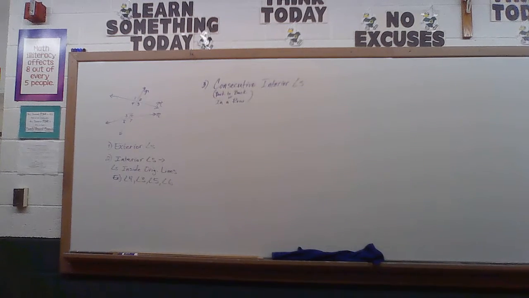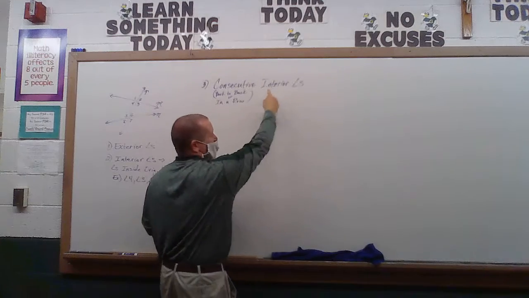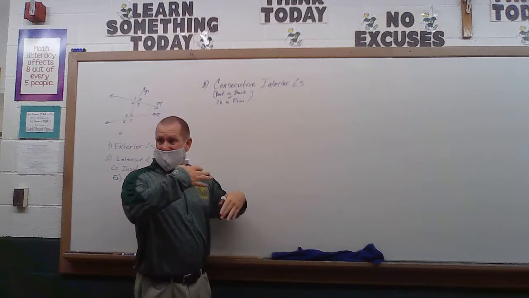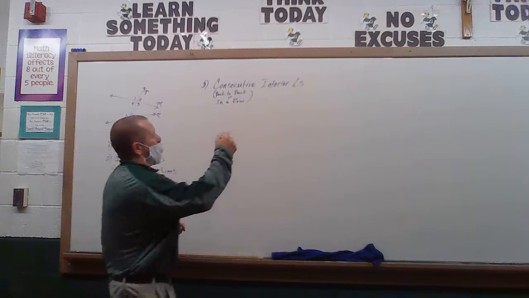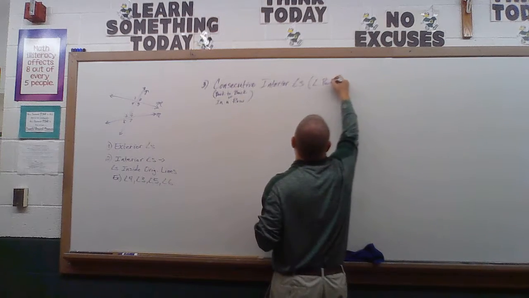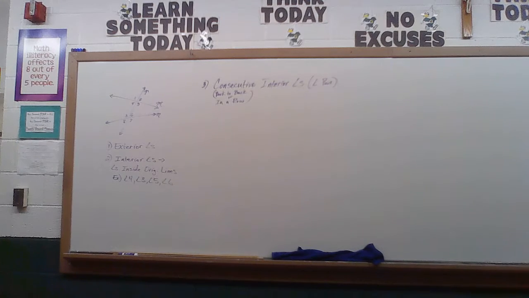Consecutive interior angles do not touch each other. So that's really important. So it's consecutive and it's interior, so it's got to be where? Inside my lines, right? So these are going to be 2 angles. This is the first time that we have an angle pair. So we're talking about 2 angles here. Anytime that we're talking about consecutive interior angles.